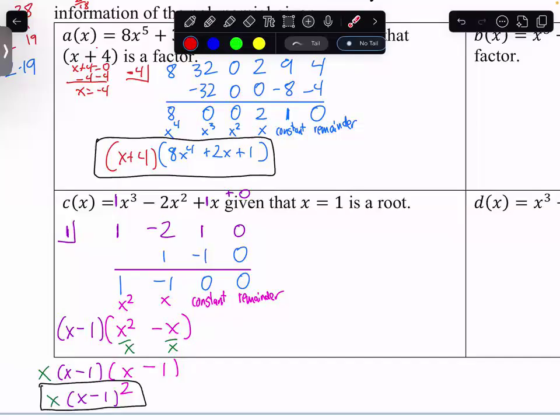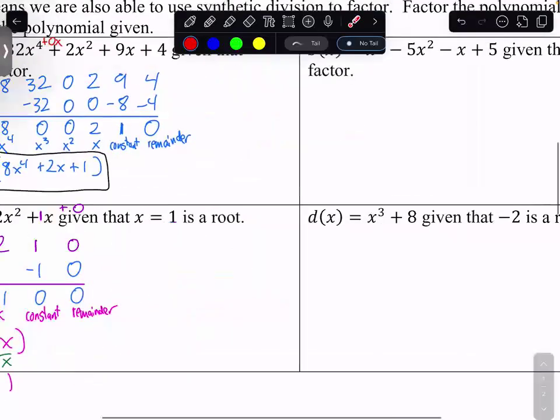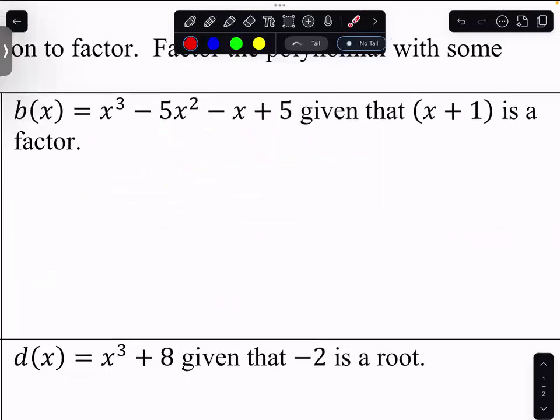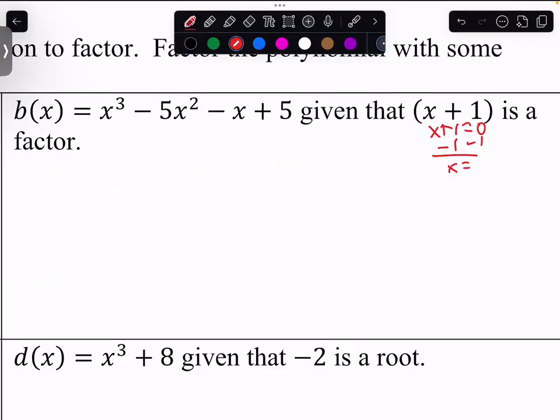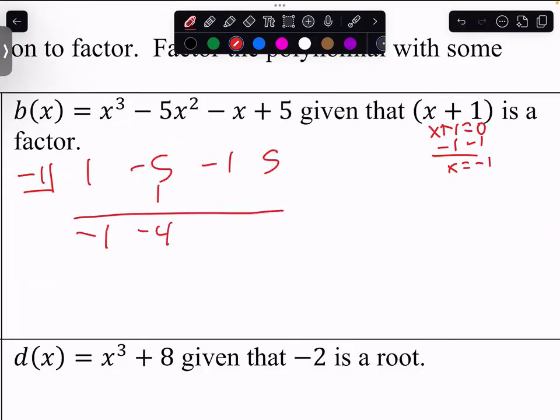Okay, let's go ahead and move on for the top right problem. Sorry, the x plus 1 has a root of -1. 3, 2, 1, 0, nothing gets skipped, so no zeros needed.